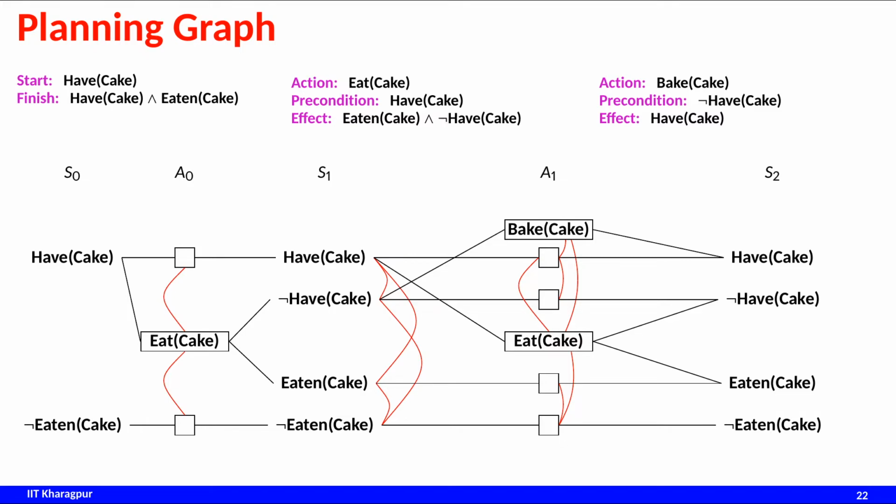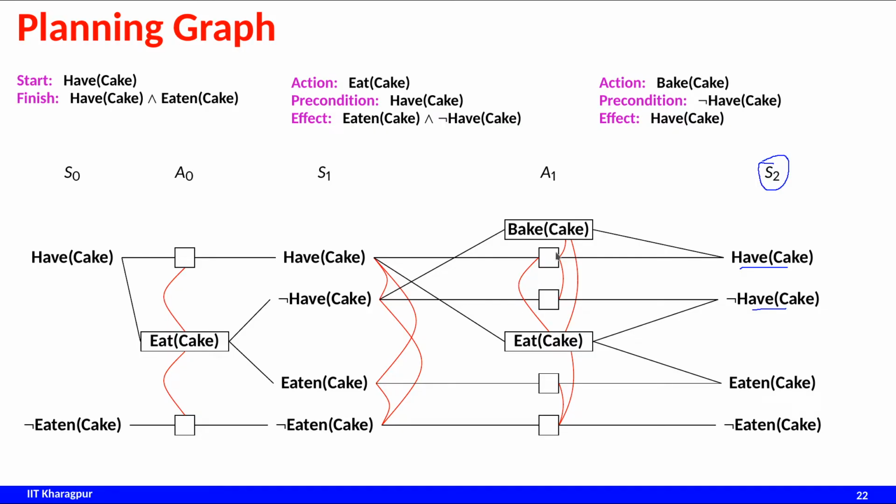So they produce the conflicting literals, and at S2 only one of them can be true because both of them cannot be true together. Therefore we can say that bake cake and eat cake are mutex actions.